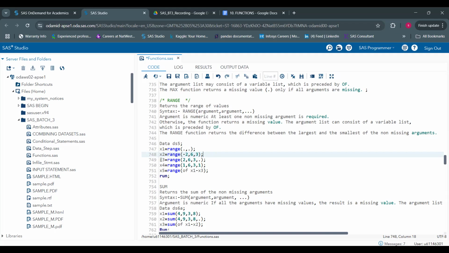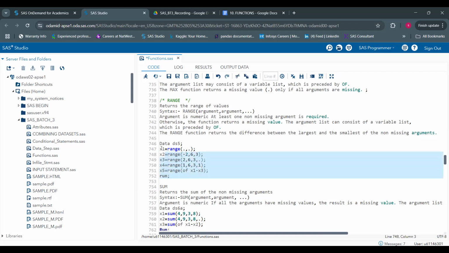How about the next one? X3? It is 4. How about X4? 5. How about X5? X1 to X3 is 6.